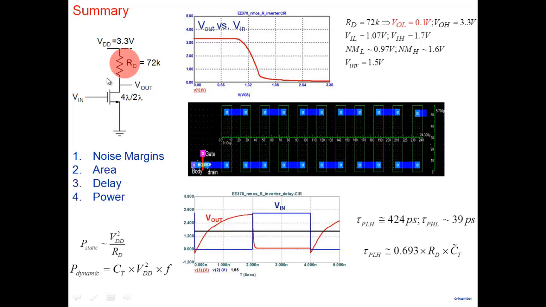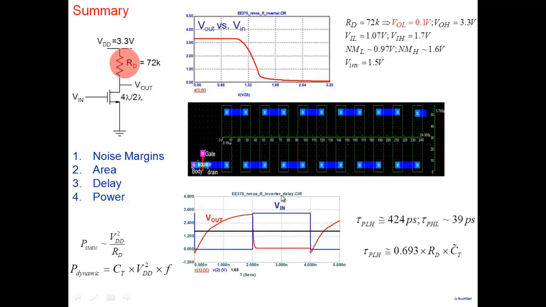I make the transistor larger. So as I make the transistor larger, note that the CT will also increase. The net capacitance at this particular node will also increase. This will come down, RD will come down, but the net capacitance at this particular node will also increase. Right? And as the capacitance increases, you'll increase the dynamic power dissipation also.